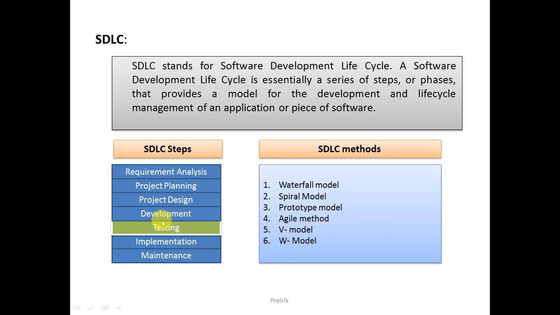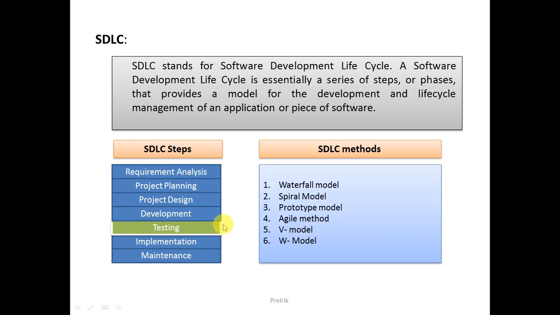And now a tester's work begins in the testing phase. After the development is done, it goes into the testing phase, which will be covered further, but here we are saying only SDLC. After development, the testing phase comes, and then implementation is the deployment of that software in real time. And once it works fine, then maintenance comes into the picture.